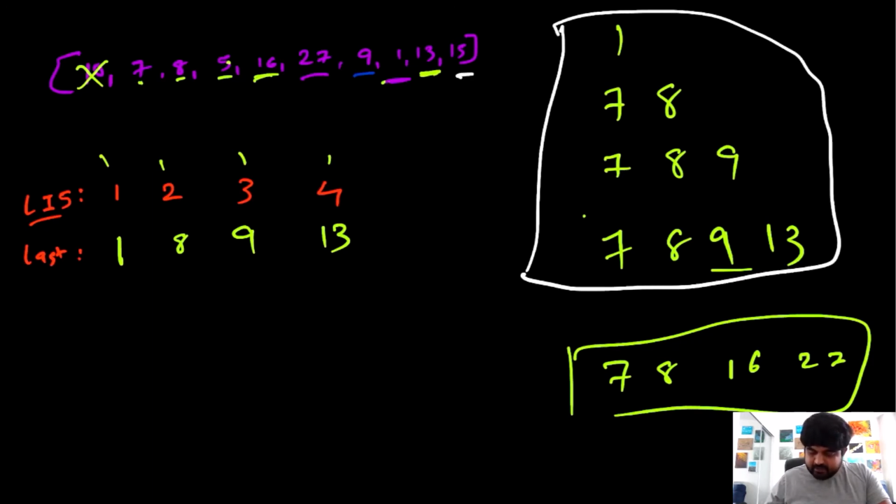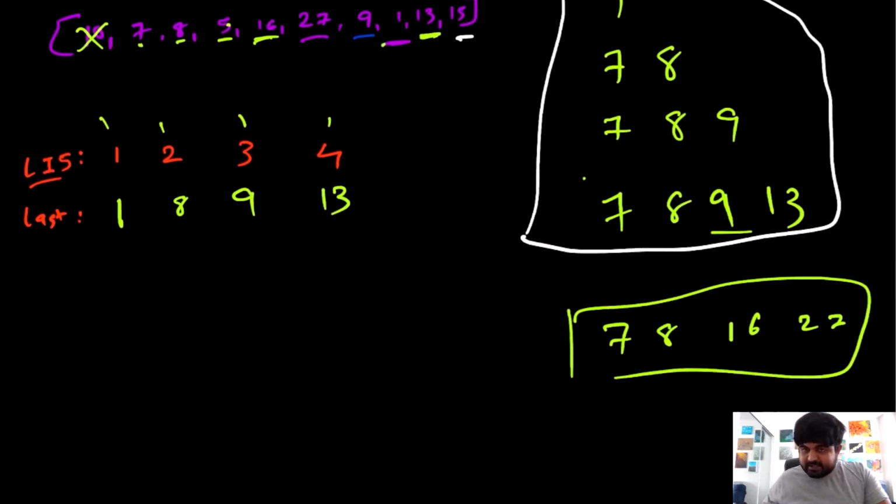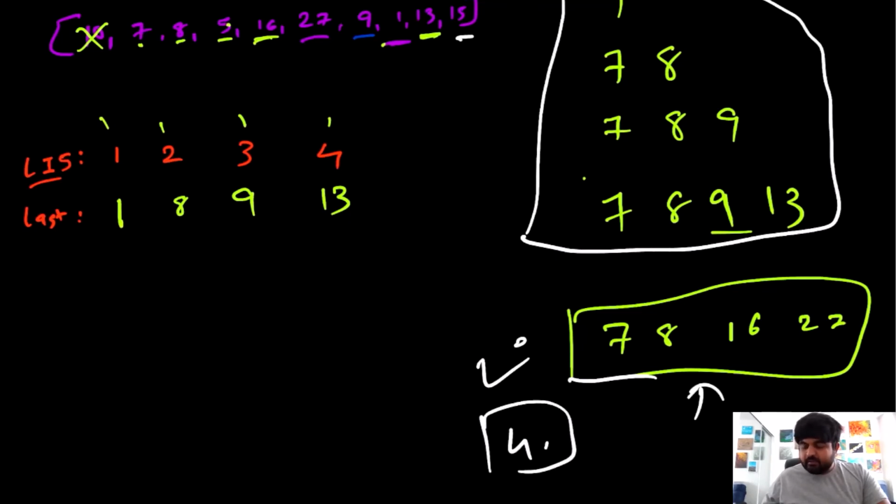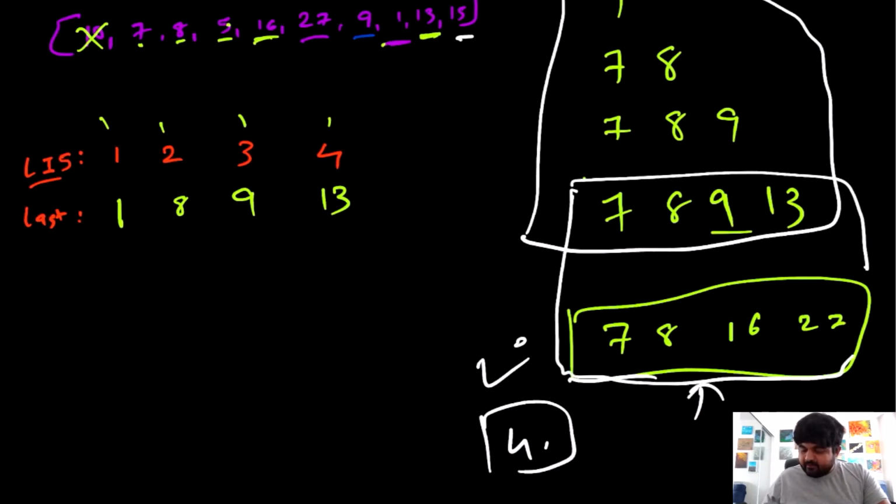Now the next value is actually 15, and imagine that if we had kept this as the subsequence of 4 values ending in 27, we wouldn't be able to insert 15 over here. Though both were the same length, 15 is easier to be appended over here, but it cannot be appended over there.